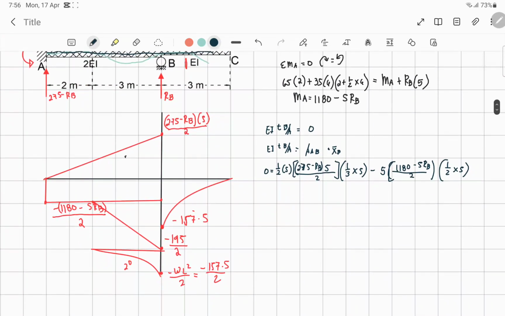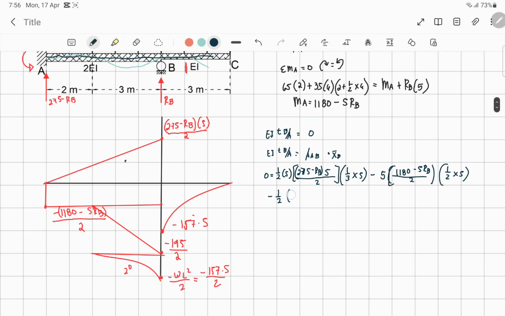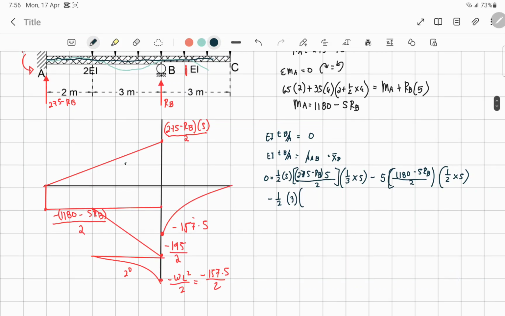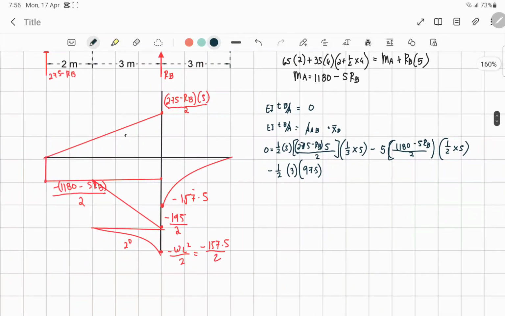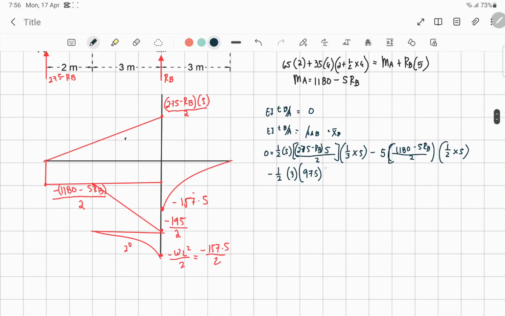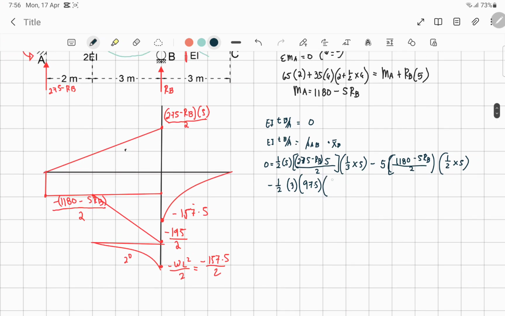Next is this triangular load sa baba. You have 1 minus 1/2 times 3 ang kanyang base and then kalahati ng negative 195 is 97.5. Okay? And then we have its centroid with respect to B that is 1/3 of 3.